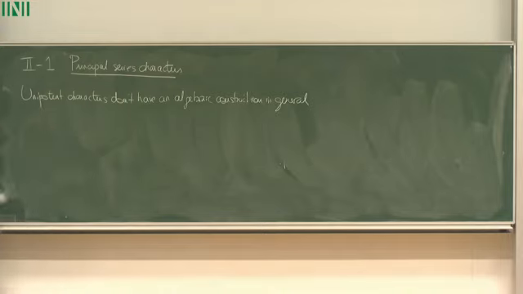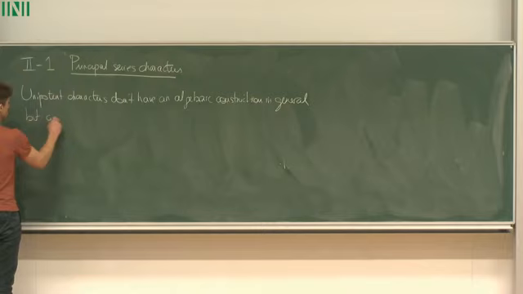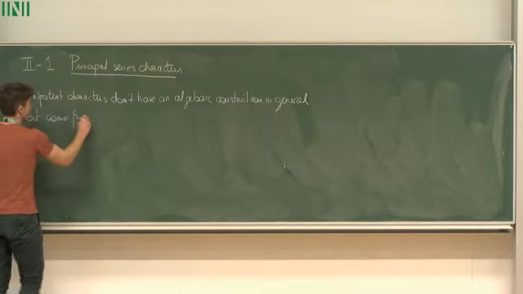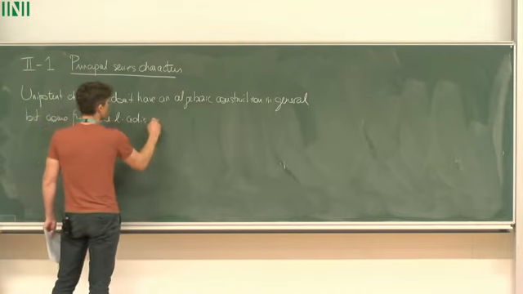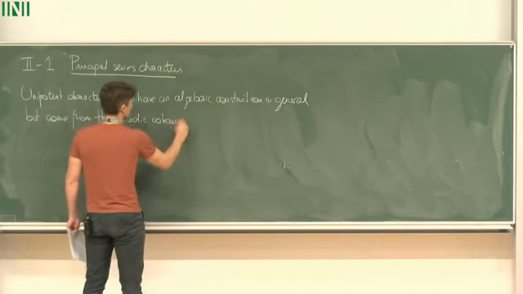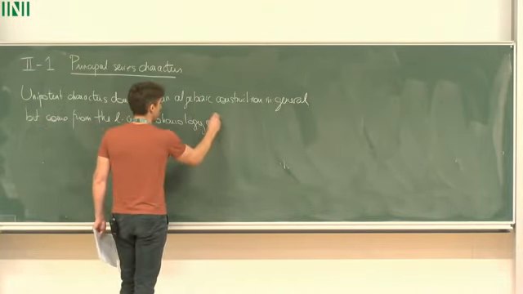But you cannot expect to have it, because the very essence of the unipotent characters is this Lusztig construction. They come from the l-adic cohomology of the Deligne-Lusztig varieties.